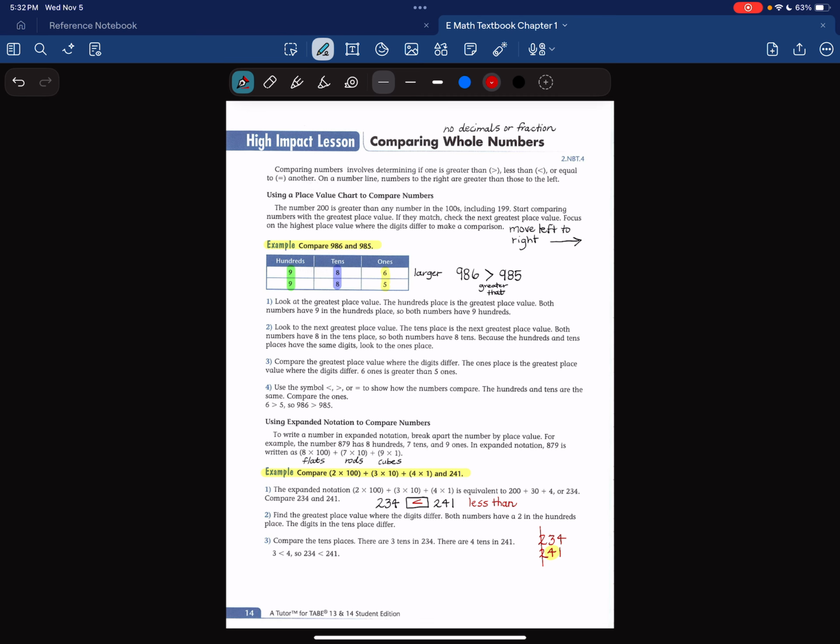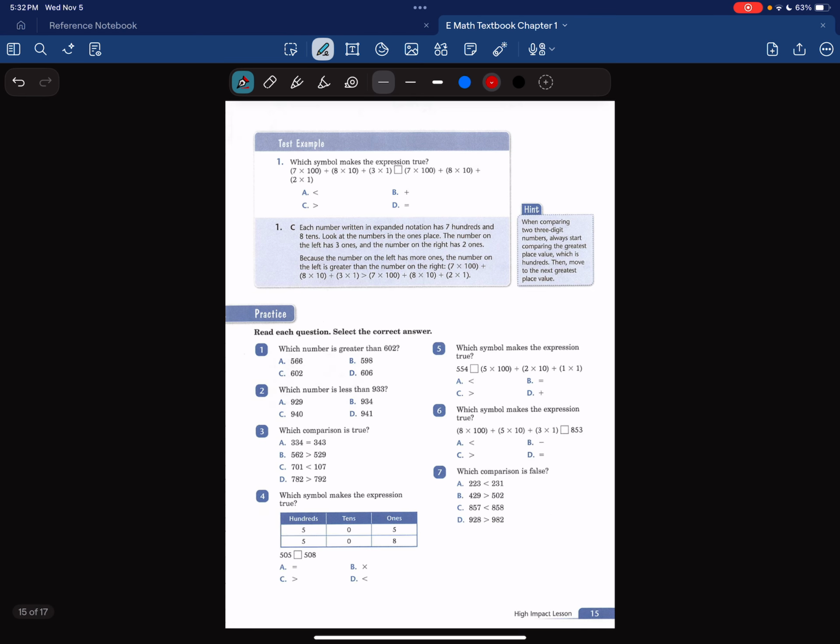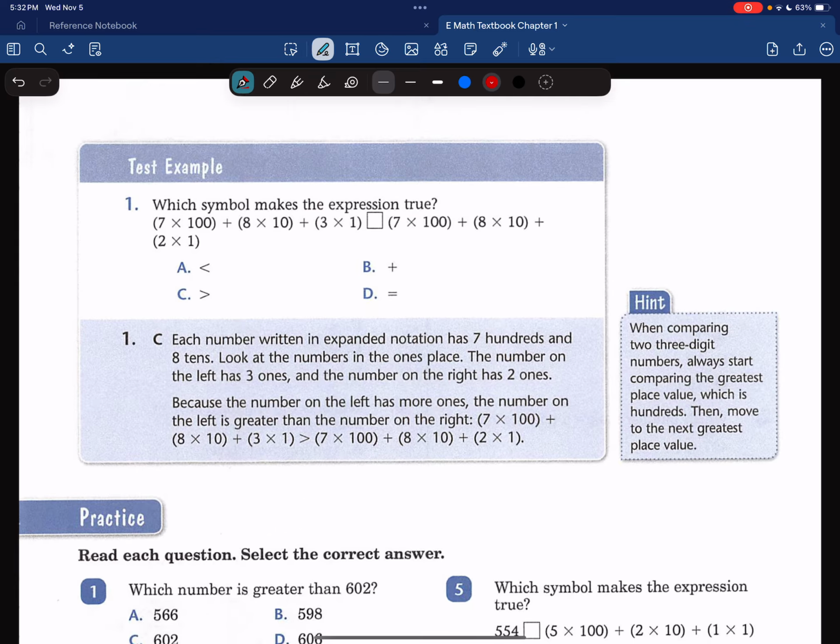Let's look at page 15. Oh, sorry. Here's the test example. I wondered where that was because they always give us a test example. Here's the question. Which symbol makes the expression true? And that symbol will have to go in that box.